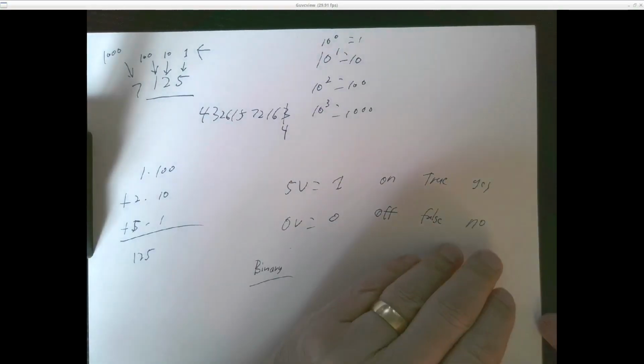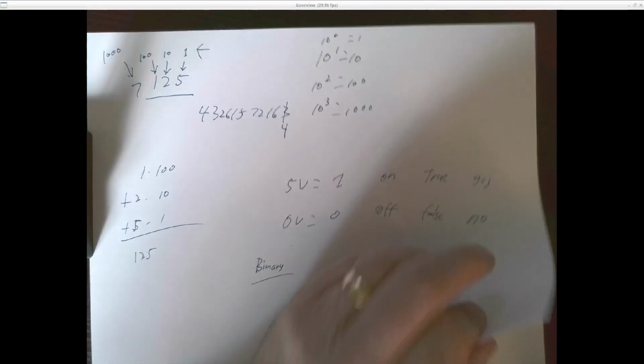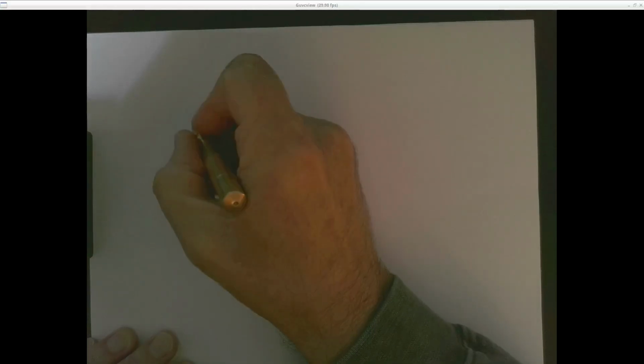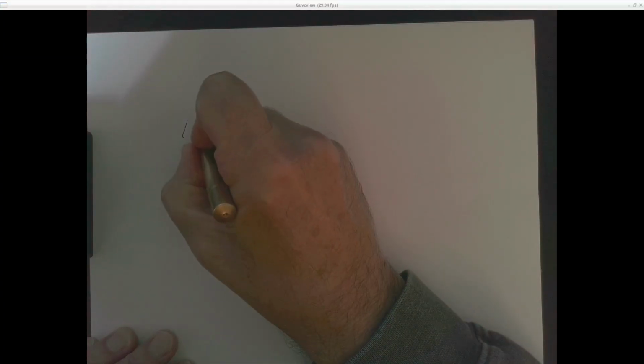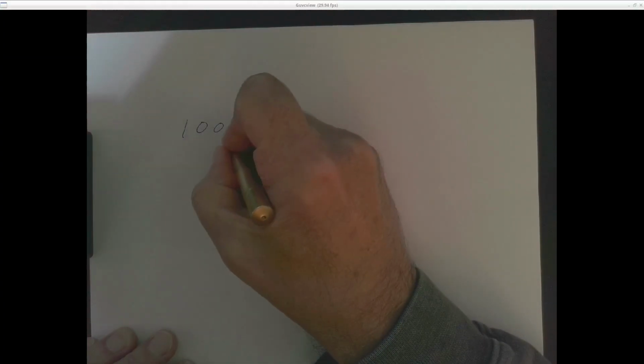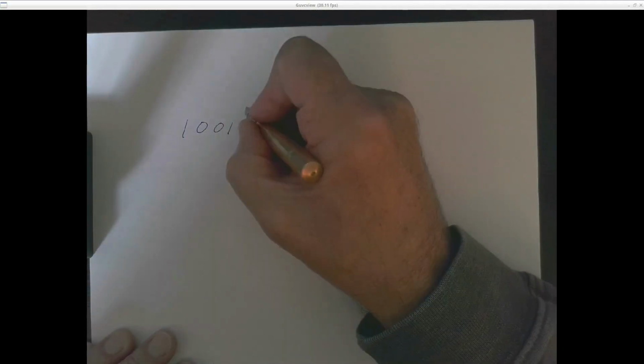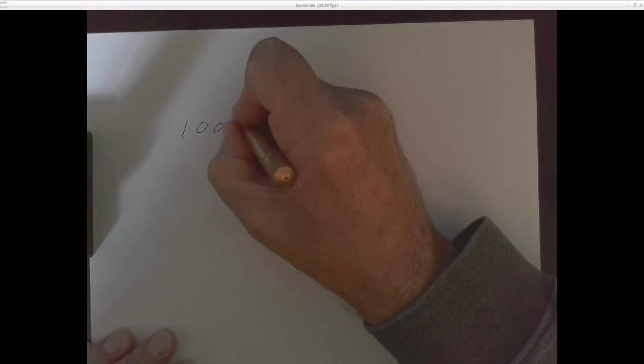Alright, so if we accept that, the question becomes, how do we write numbers if we don't have 10 digits? We only have 2 digits, just a 0 and a 1. So I can write down something like this. And I think of these, instead of being powers of 10, as being powers of 2.